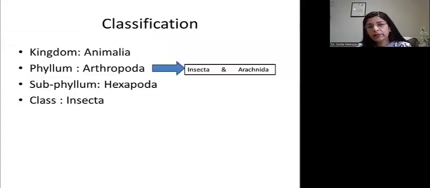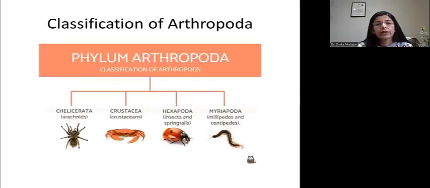So again, classification: Animalia, phylum Arthropoda. Arthropoda is again divided into insecta and arachnida. And now we are discussing insecta. So phylum Arthropoda has four classifications: the arachnids, the crustaceans, the insects, and the Myriapoda.